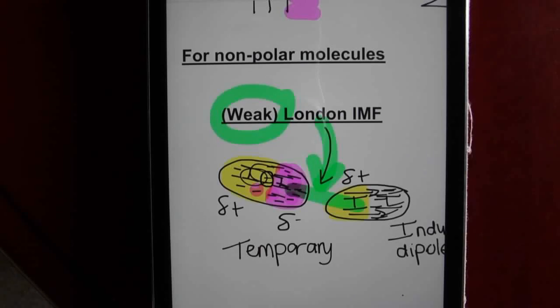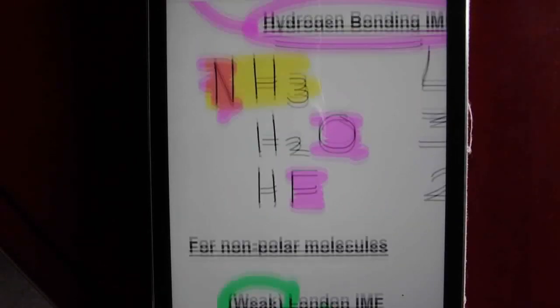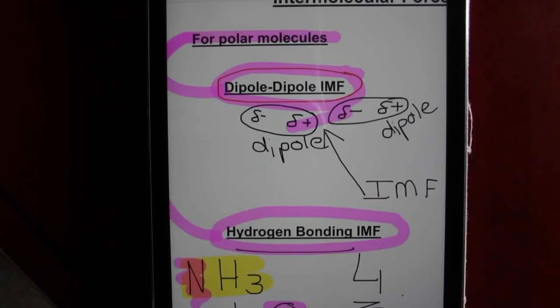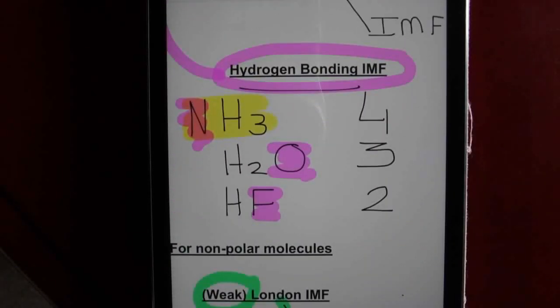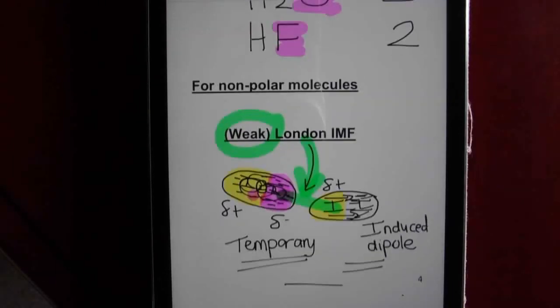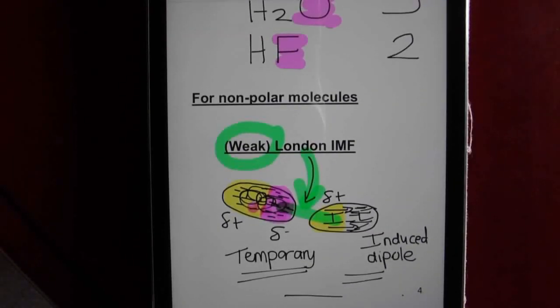And then you have to look at how many electrons are there, because if there are more electrons, then these electrons move around more, more temporary dipoles can form, and more induced dipoles can form. So please, you need to keep in mind that with any of these dipoles, hydrogen bonding, even if those are the dominant intermolecular force, there will always be some added weak London forces. So yeah, keep a lookout for that.